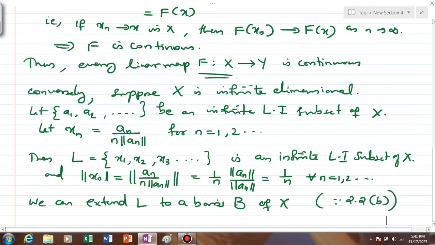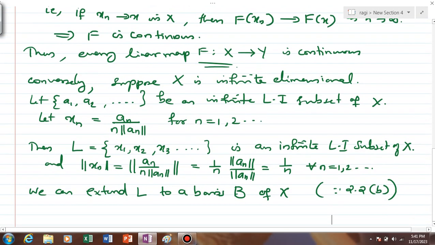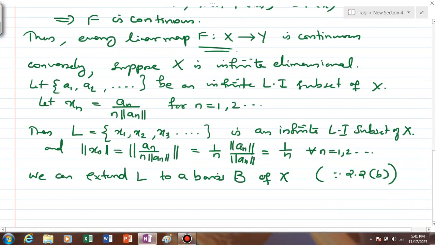Also, we have studied this in your linear algebra classes, that every linearly independent set can be enlarged to a basis for the space. That is, L is a subset of B, since X is infinite dimensional.